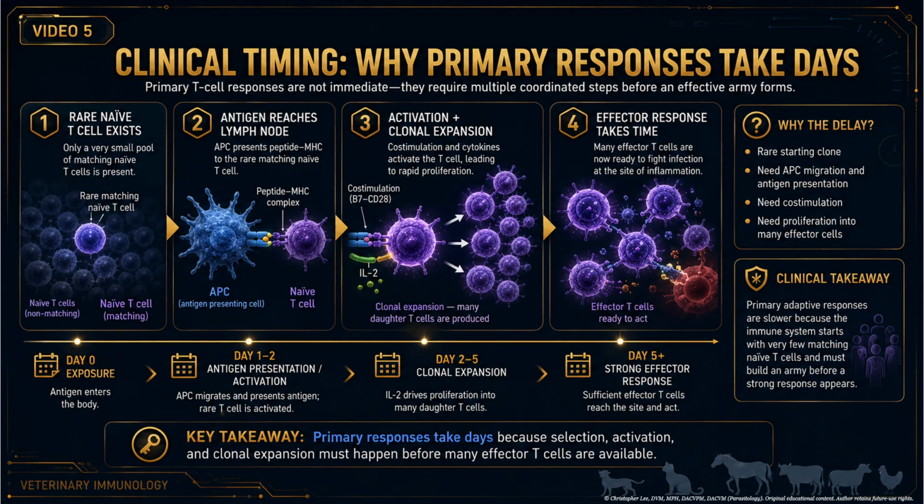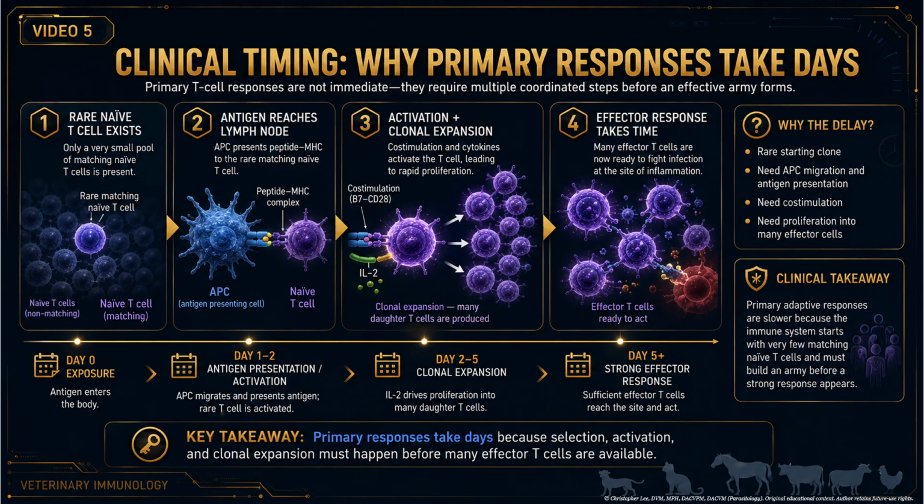So when we say primary adaptive response takes days, this is why. The immune system is not starting with a huge army of cells specific for every pathogen. It starts with very rare specific clones that build an army after antigen recognition. That has a major clinical implication. Early in infection, the innate immunity buys time.